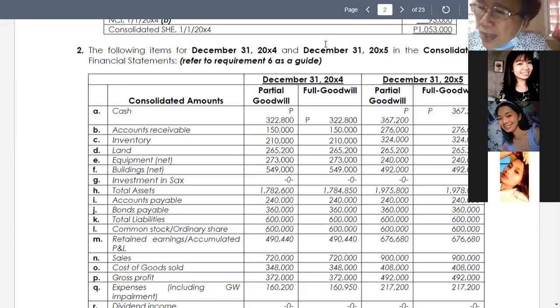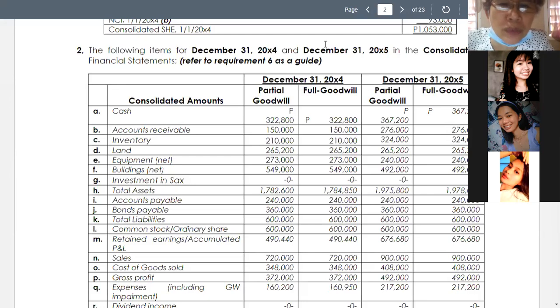562,440, we deduct the amount of dividends of 72,000. That's the amount of dividend paid by the parent. So the retained earnings balance at the end of the period is 490,440.